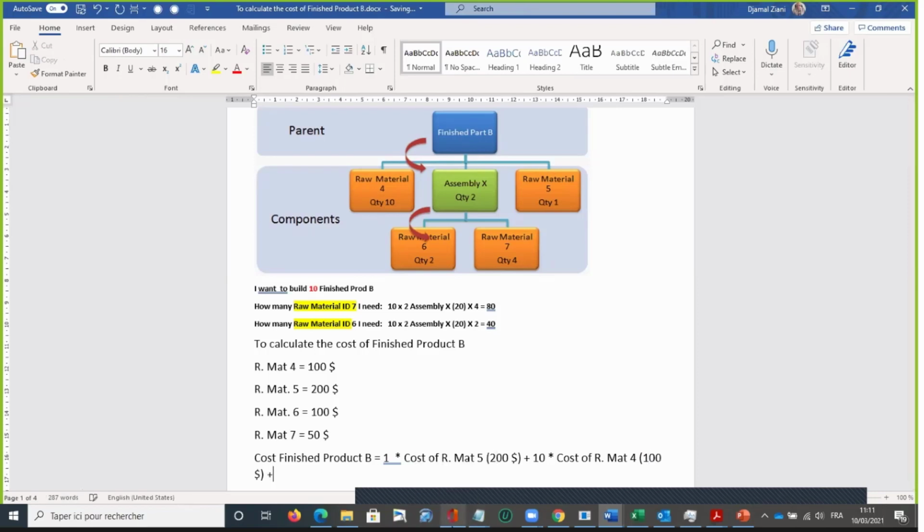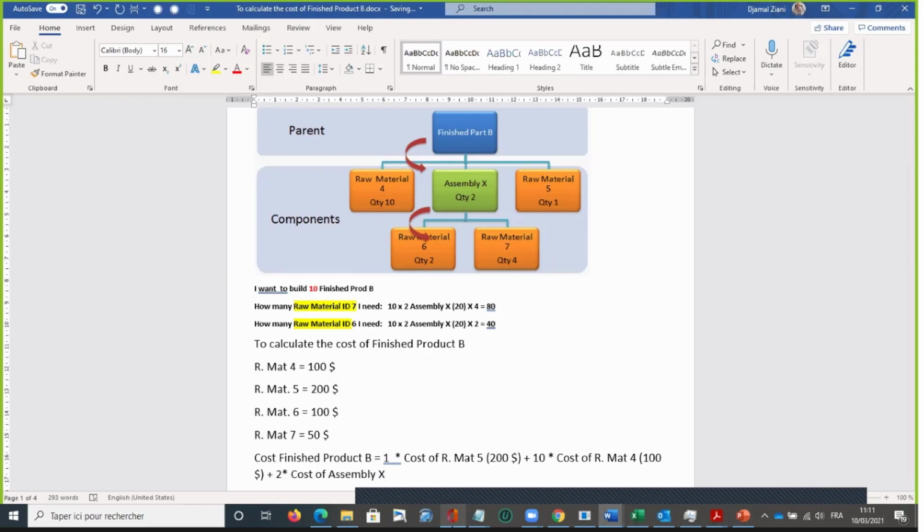And plus the assembly X, which is the summation of the two below. You have to just put, not get into the details. Okay. Just put the quantity multiply by the cost. Cost of assembly X, you don't know it, we will do it later.